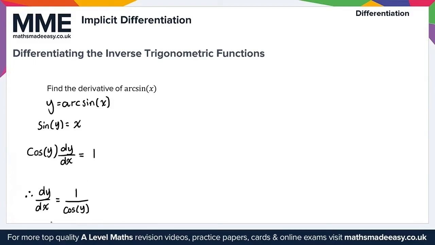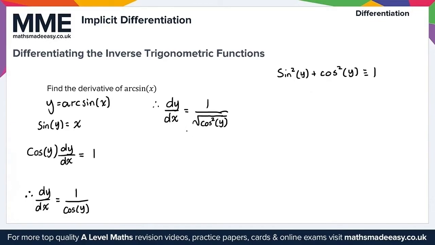Now we need to do a bit of work here to get this into a form that looks more familiar. So cos of y, we could write that as the square root of cos squared y. So therefore, dy by dx is equal to 1 over the square root of cos squared y. What we can do now is use our trig identities here. We know sine squared y plus cos squared y is equivalent to 1.